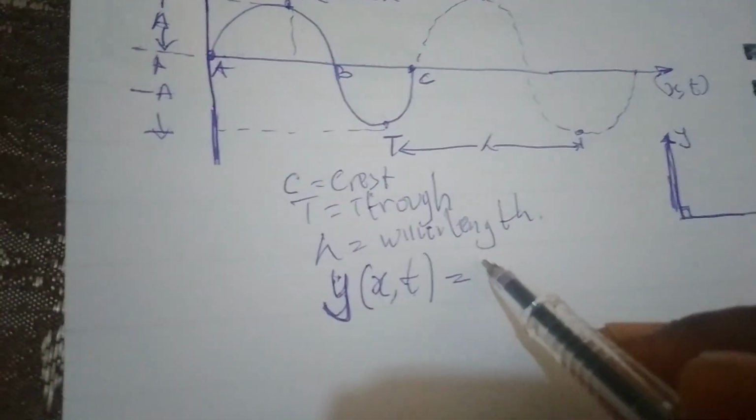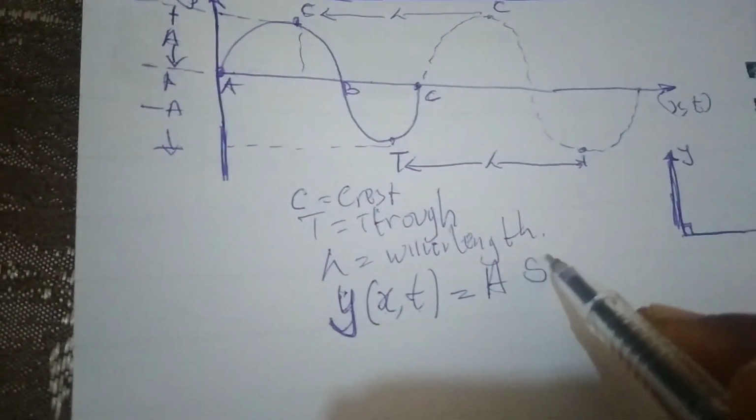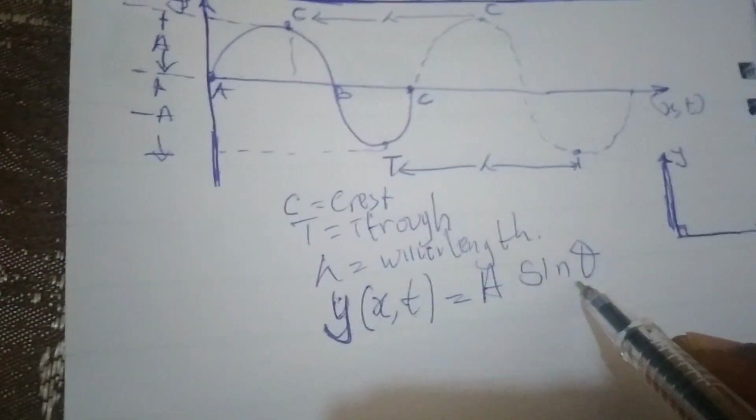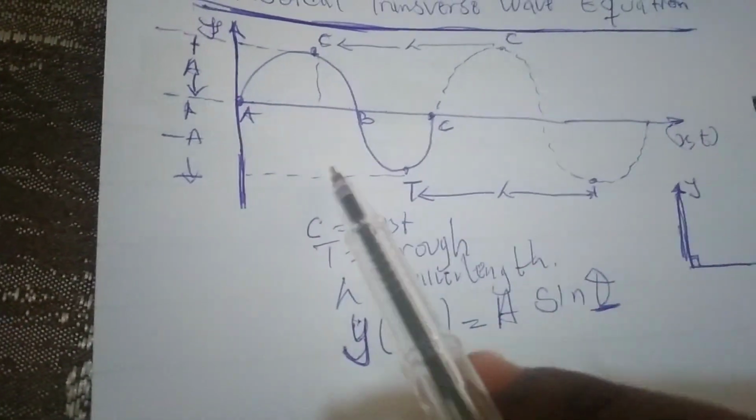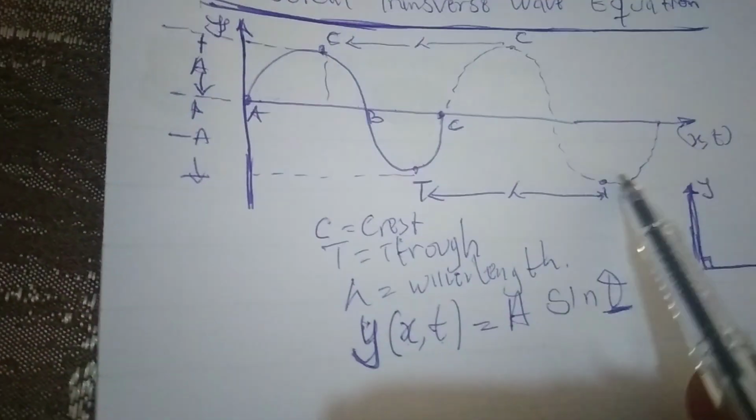So it's given as the amplitude times sine theta. We are talking about this theta because this graph resembles that of the sine graph.